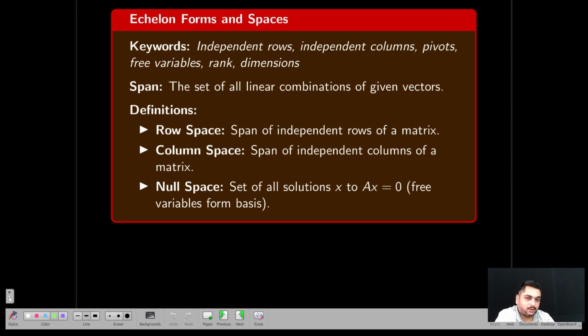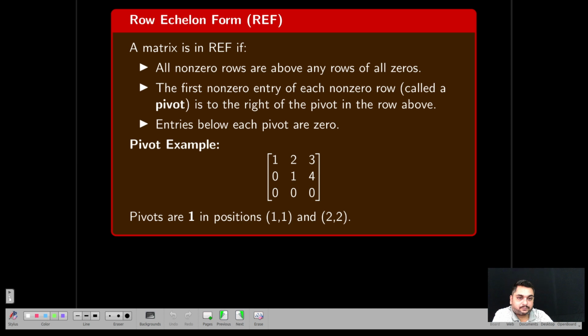We will learn how to convert it, and then from that we'll find which rows or columns are independent. The span of those independent rows forms the row space, and the span of independent columns forms the column space. And the null space is about how to get the solutions for these equations. That we will see.